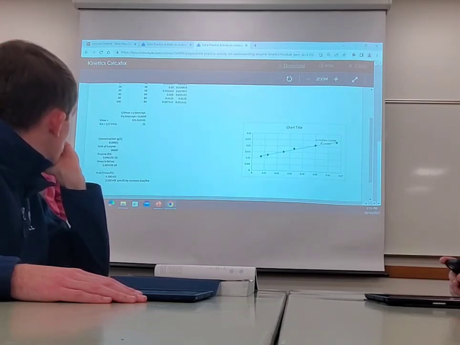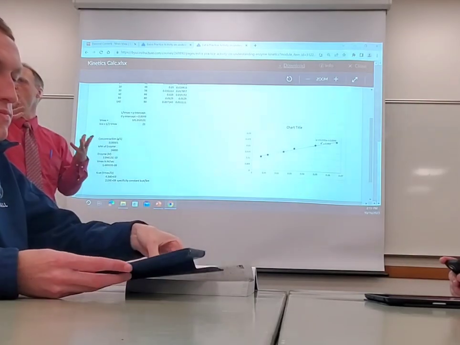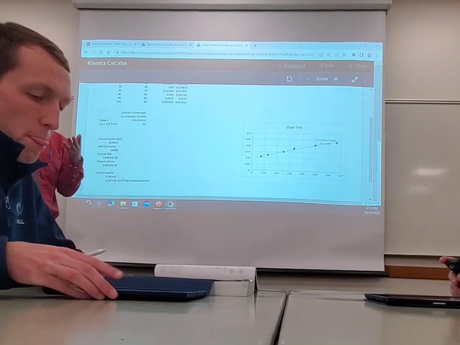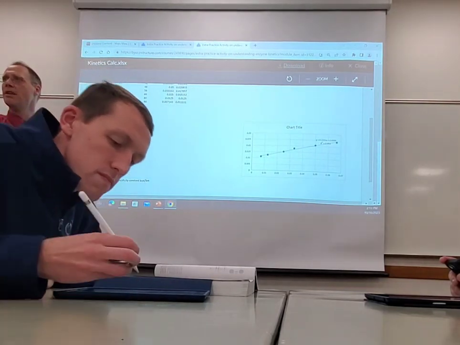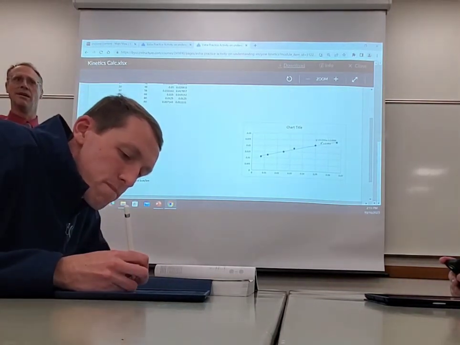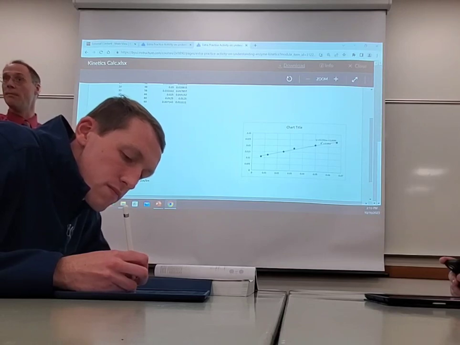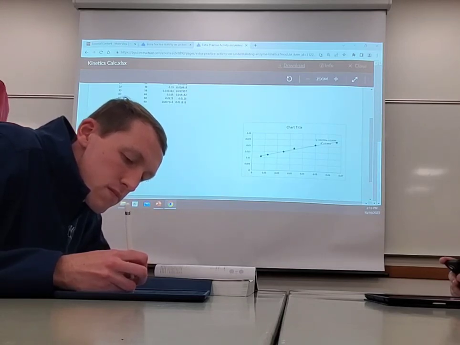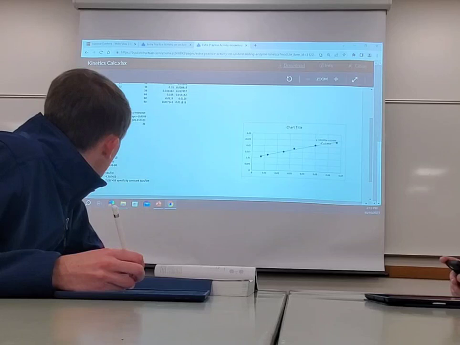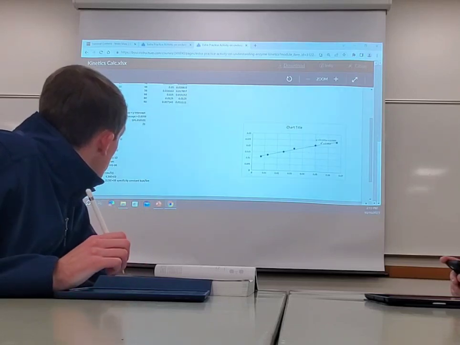What's the affinity? How fast is it turning over? And you want a big number there, which means that having the Km in the denominator makes it big if it's doing a good job. Because what makes an enzyme good at finding the substrate? A high Km or a low Km? Low Km.